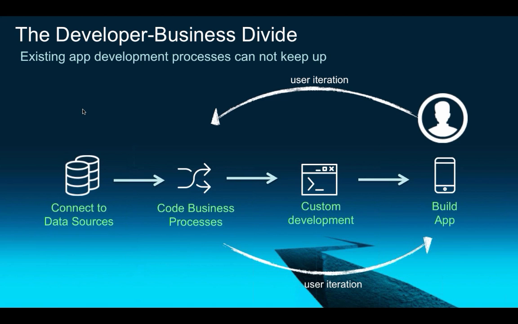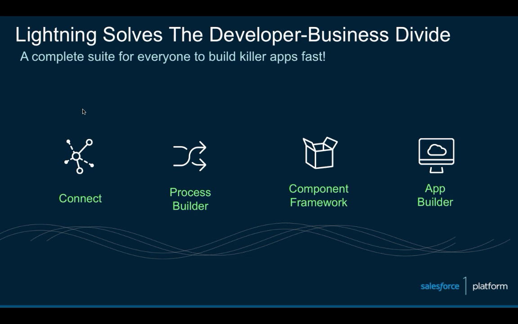They just can't stand to go through the process again. So we solve this problem with Lightning, because we've got a suite that hopefully eases each one of these for the business. In the next 20 to 30 minutes, we're going to go into each piece of this and how it maps back to that iterative process.